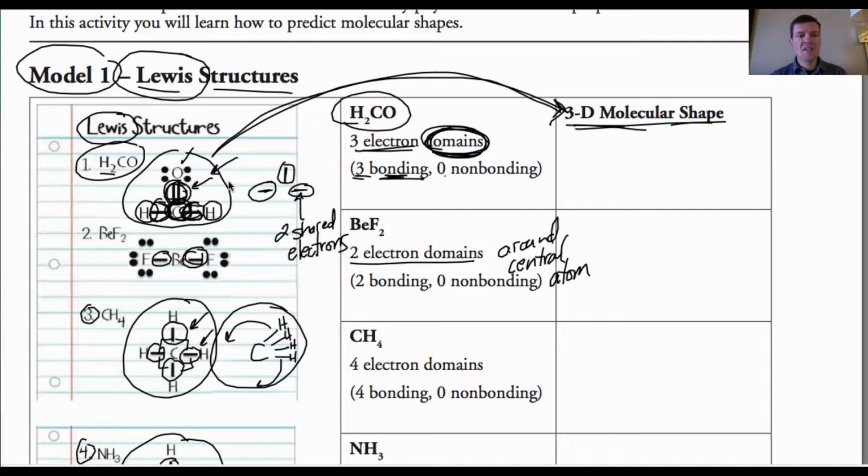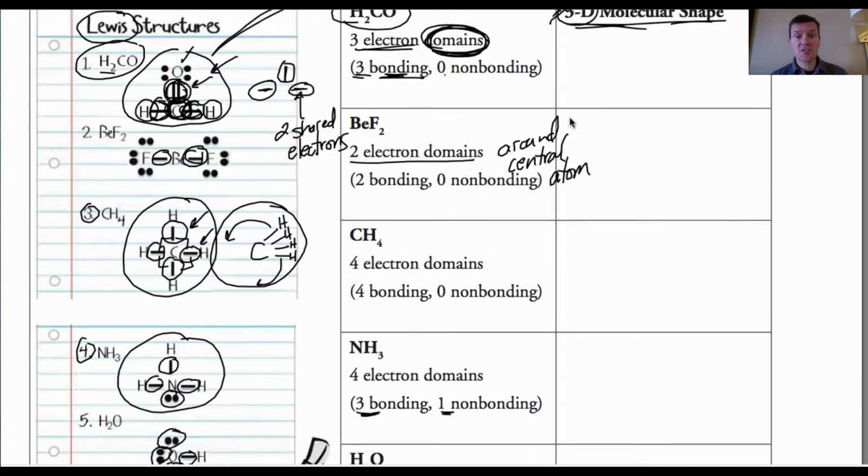We're going to analyze the two-dimensional Lewis structures. Keep in mind the VSEPR theory that these electron regions have to spread out around the central atom, and then see how that leads us to a particular 3D molecular shape.